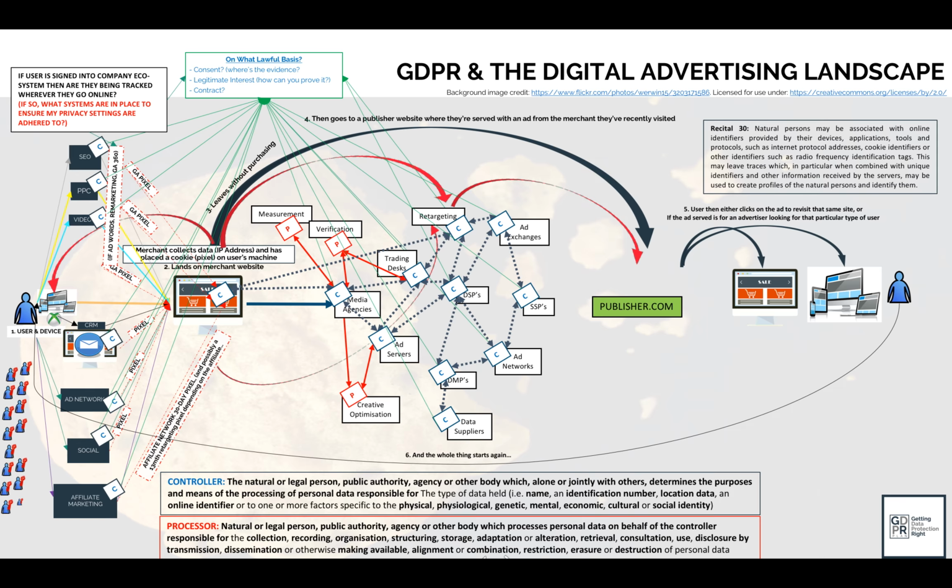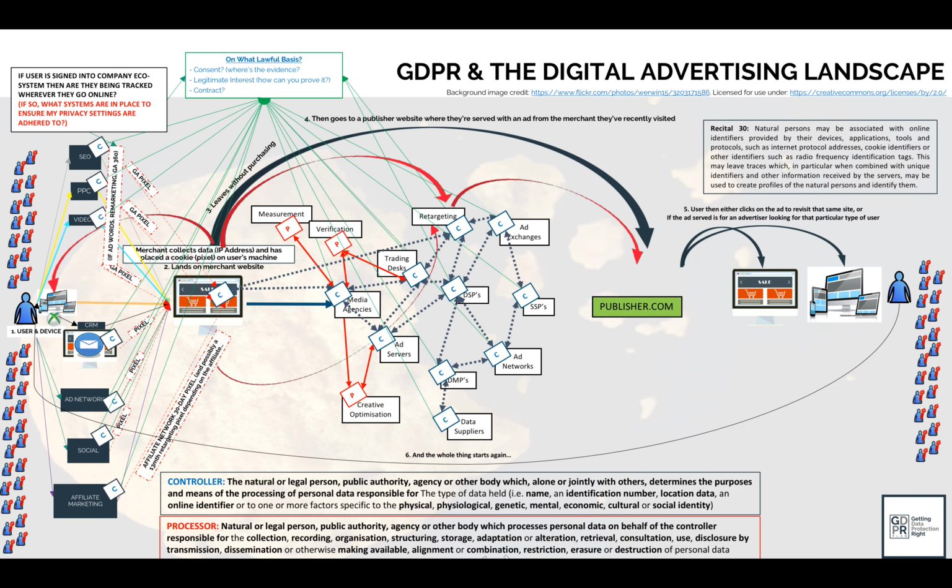Under GDPR, there will be a seismic shift in how this landscape will potentially look, especially when you consider the obligation to be notified of relevant third parties by the controller of what is happening with that user's information, and getting them to opt in explicitly, unambiguously, and the rights that the data subject has in terms of having their data removed or objecting to their data being processed or restricted use of their data or their data being rectified.